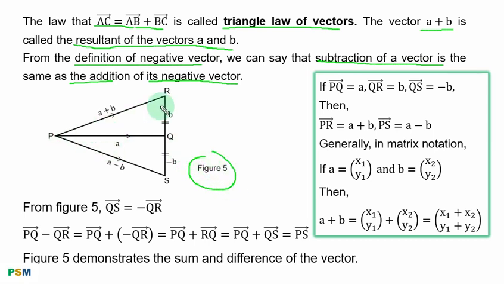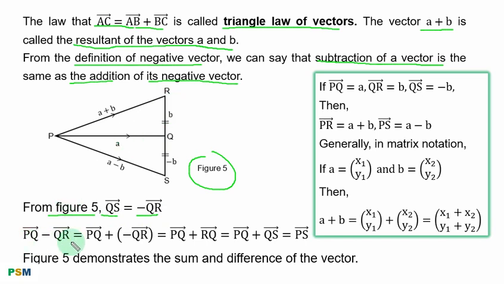You have P, Q, R, S. From figure 5, vector QS is equal to minus vector QR. Now, there is a difference between vector RQ and vector QR.